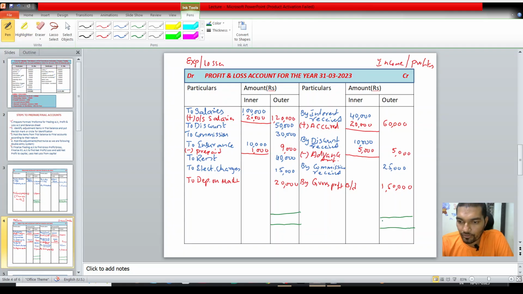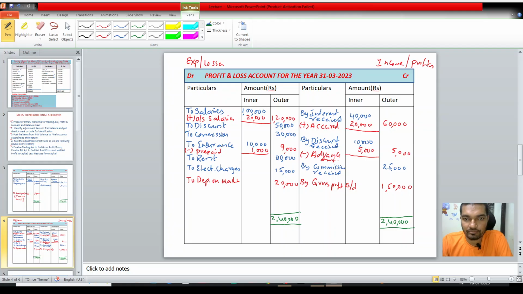Here, 2,40,000 rupees we have to post. From 2,40,000 we need to subtract all these amounts: 1,20,000 minus 50,000, 30,000, 9,000.